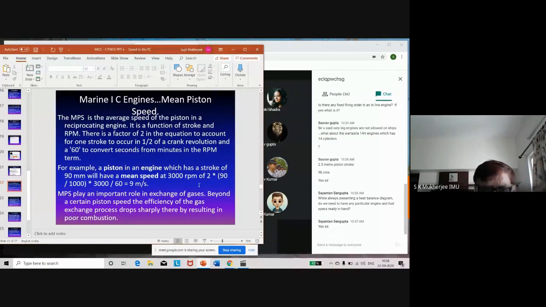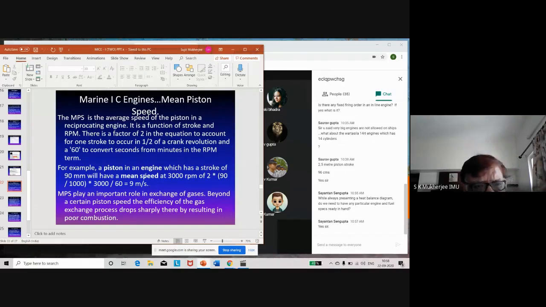We'll have a mean speed at 3000 RPM of 2 multiplied by 90 divided by 1000 multiplied by 3000 divided by 60. That is equal to 9 meters per second. Now 9 meters per second is about 30 feet per second, which is very fast. You move 30 feet per second, I think it's very fast.